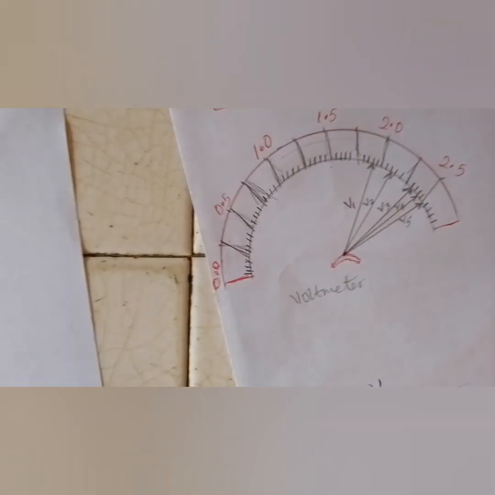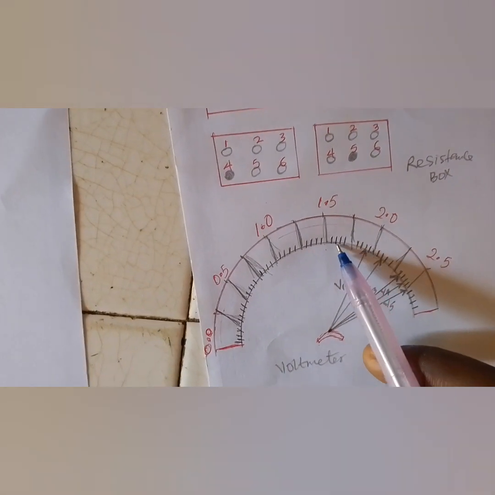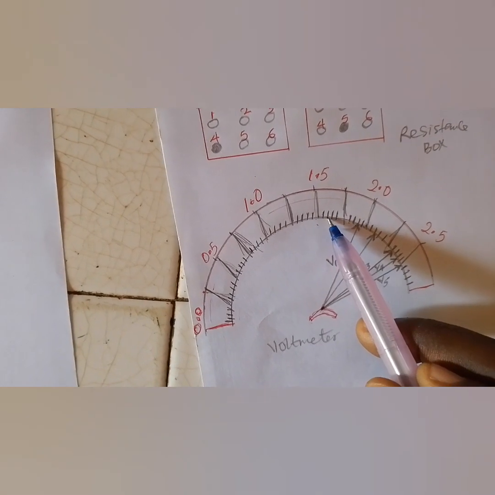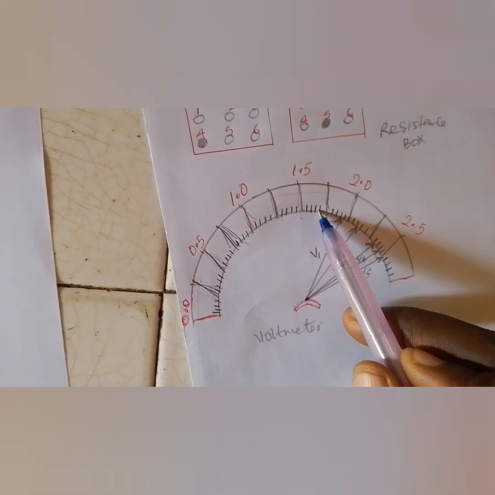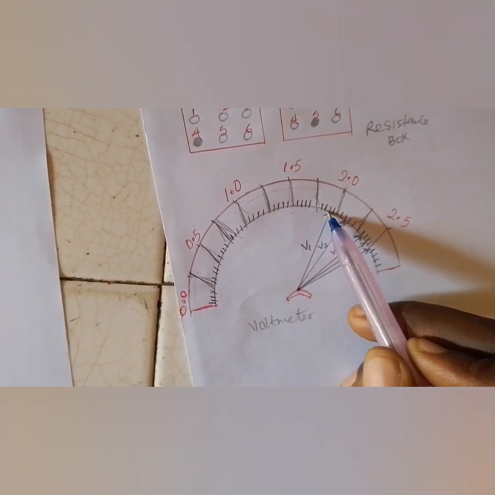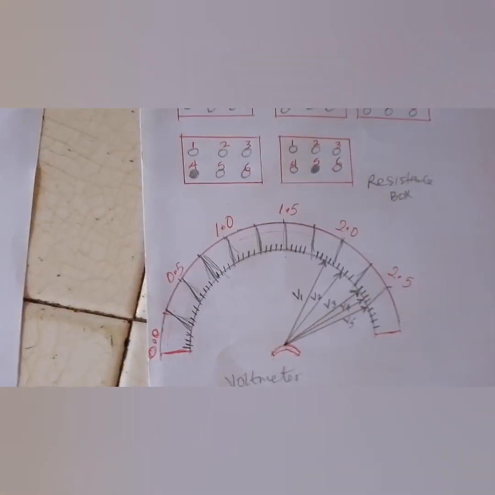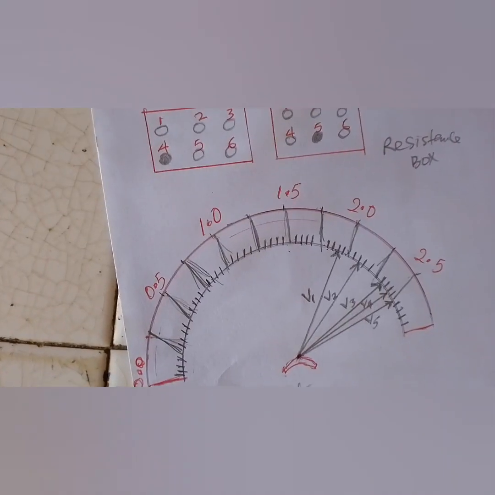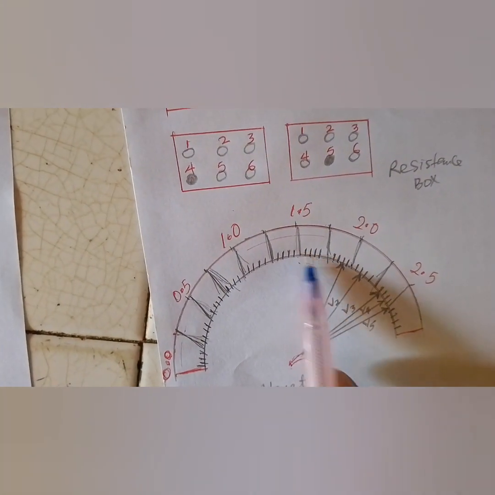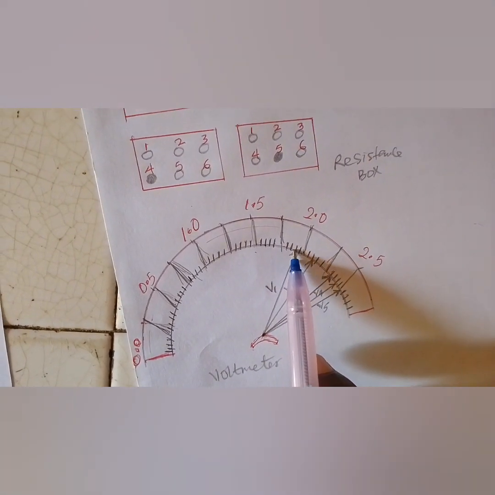Now let's see the first reading here. This is 1.5, 0.6, 0.7, 0.8, 0.9.